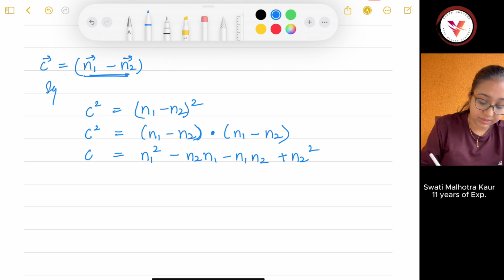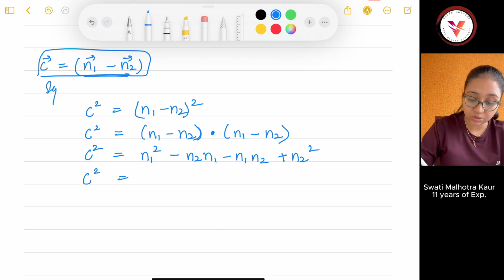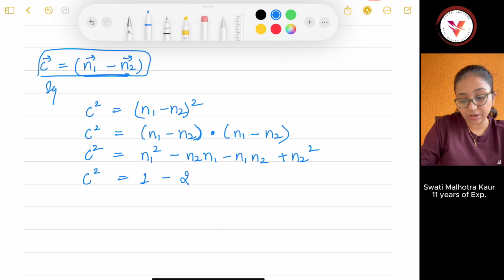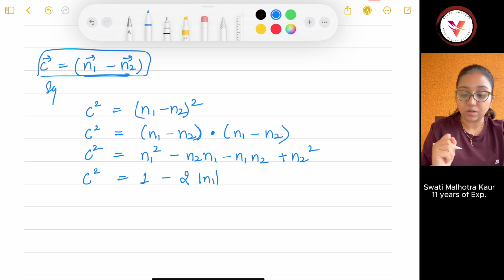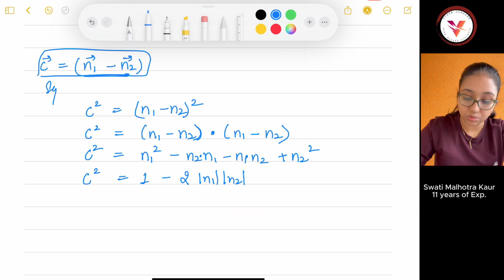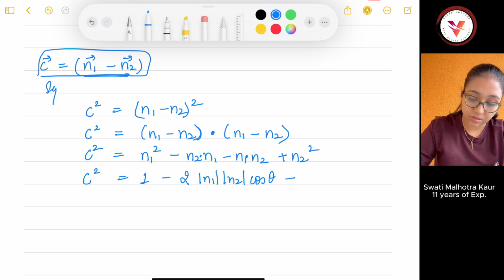We have to calculate the C here, which is the difference of these two unit vectors. So this is 1. This can be written as twice of magnitude of n1, magnitude of n2, cos theta, minus 2 n1 dot n2, and here the dot is n1 n2 cos theta, plus 1.